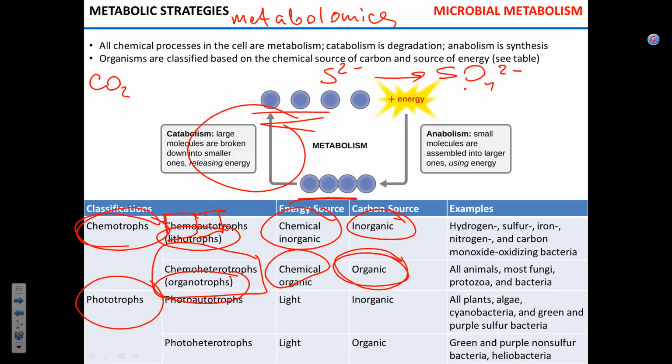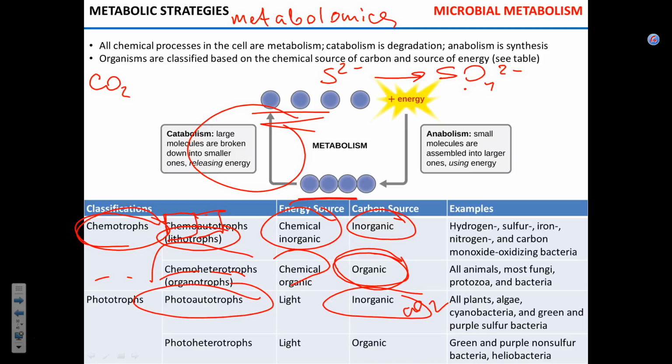That makes sense? Now, phototrophs, they use light as the energy source. Okay? And if they get carbon from an inorganic source like CO2, they're called photoautotrophs, and that's pretty much all photosynthetic organisms. Well, not all of them, but the majority of them. Plants, algae, a lot of bacteria, green and purple bacteria. Does that make sense?